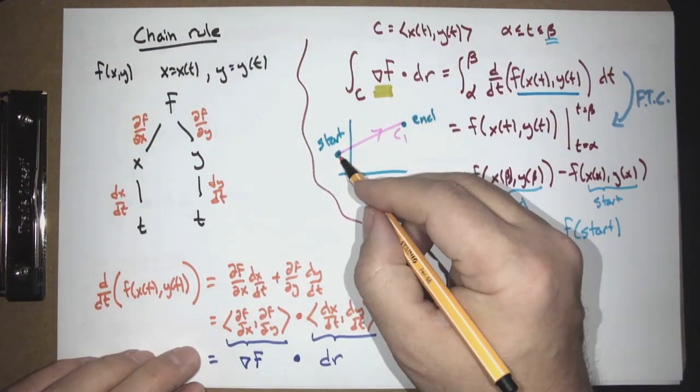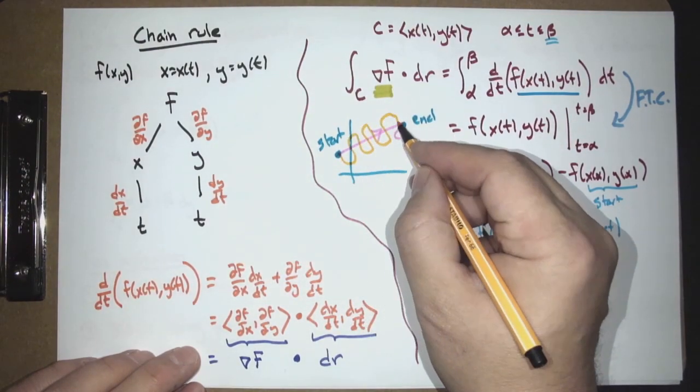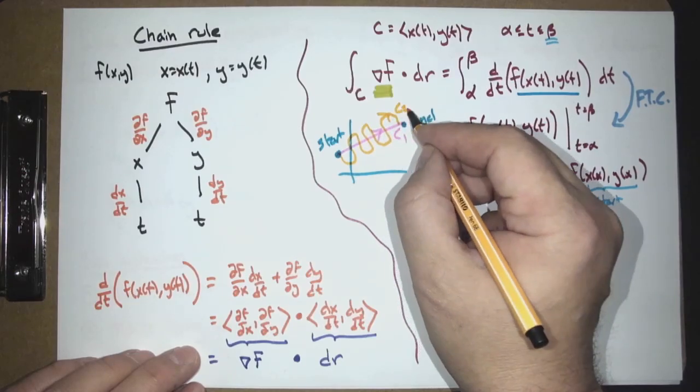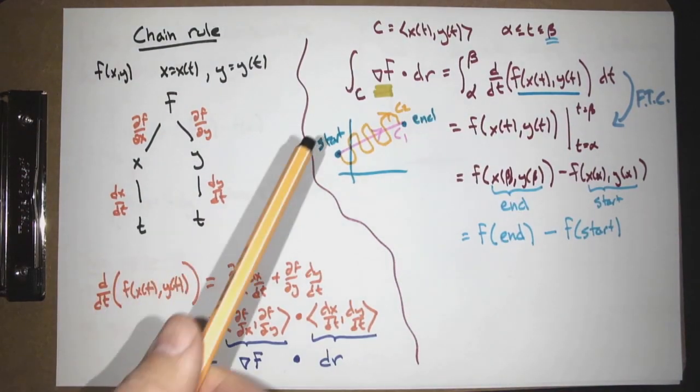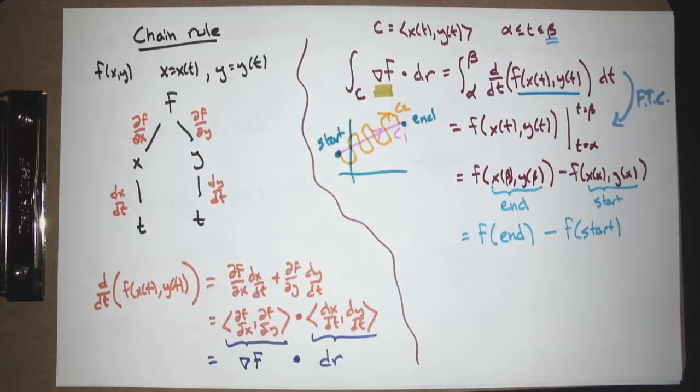Here's a different curve. I'll call it C2. If we have the integral over C1 versus the integral over C2, what will happen? Why will it be the same? They have the same start and end. So it turns out, if you are in this special case, as long as your curves start and end at the same point, you're going to get the same value.